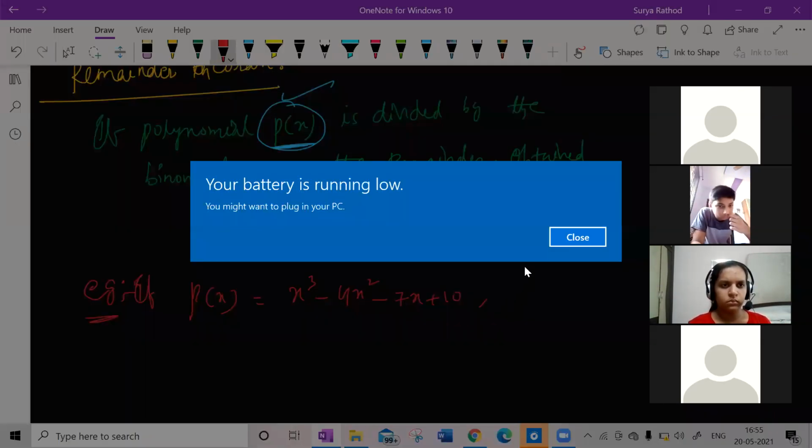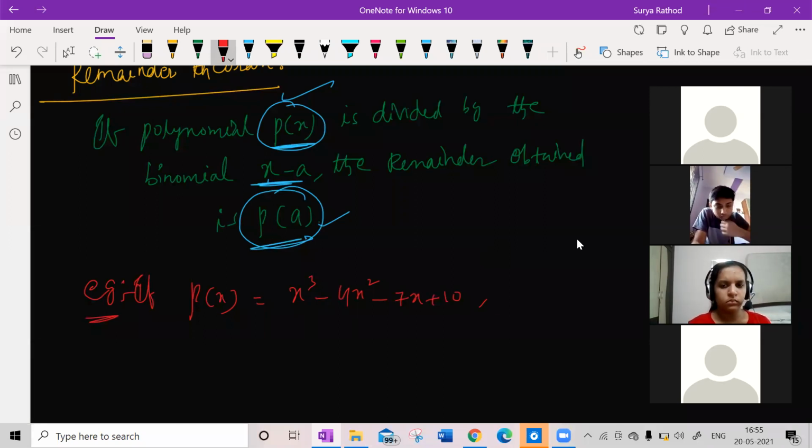This is a polynomial. If you divide this polynomial by x minus 2, the remainder is going to be what now?